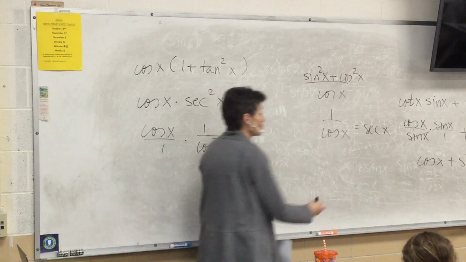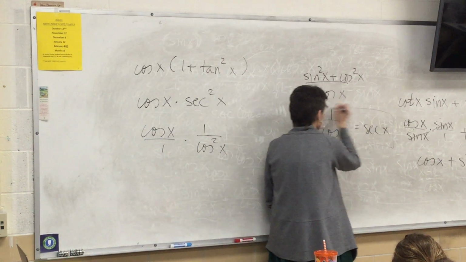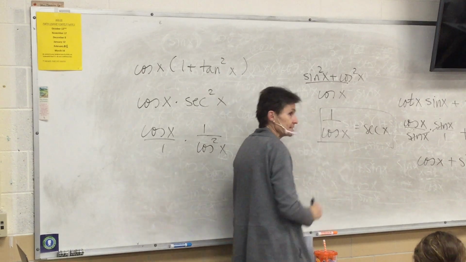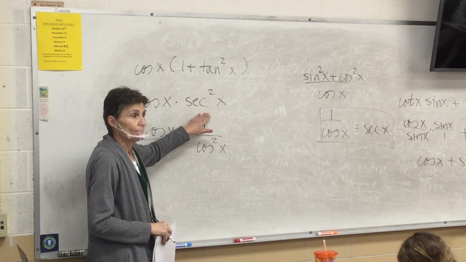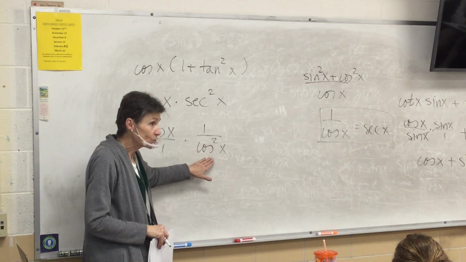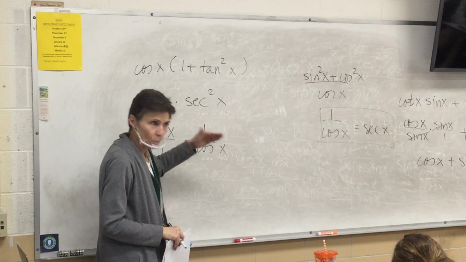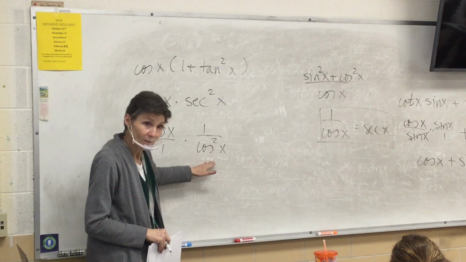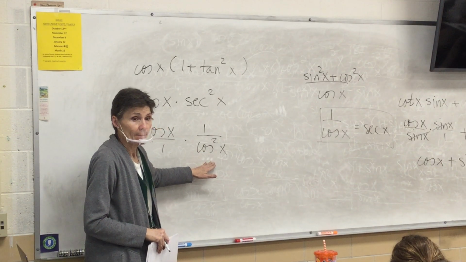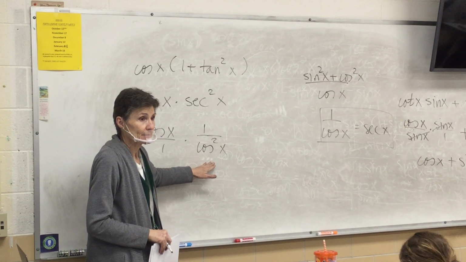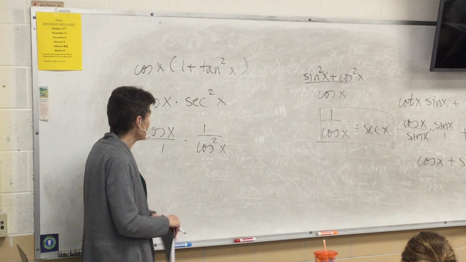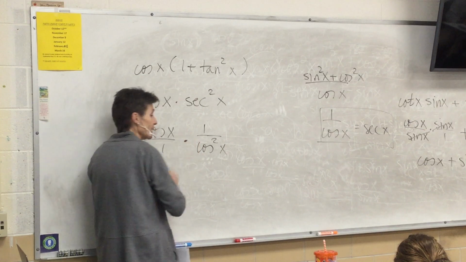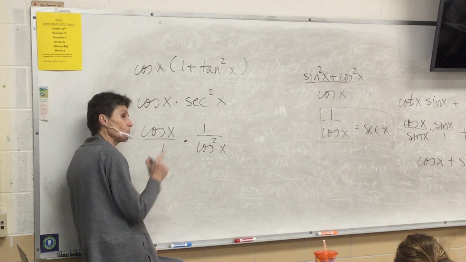If you need to write on your paper that 1 over cosine equals secant, then write that down. So you recognize when you have a secant, you're going to think of it as 1 over cosine. And if it's squared, it's going to be 1 over cosine squared. Now, what do you notice? This is a multiply problem, guys. Don't get a common denominator, you're multiplying.